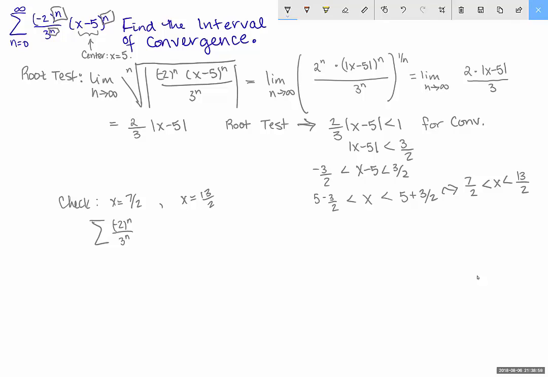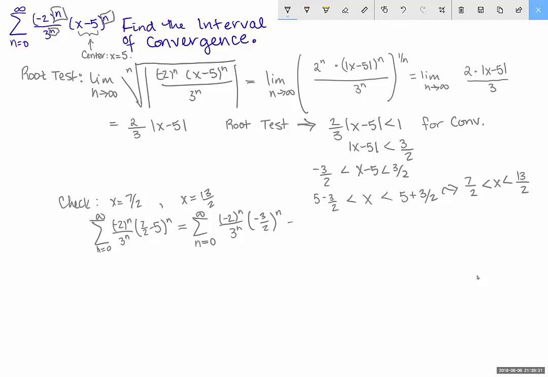So I'm gonna do 7 halves minus 5 first. 7 halves minus 5 to the n. So this is really the series n equals 0 to infinity of negative 2 to the n over 3 to the n times negative 3 halves to the n.